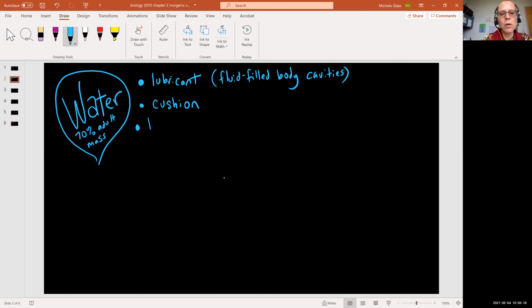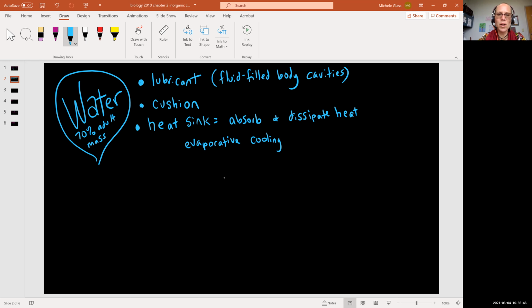We see water important in our joints, which we'll be talking about this semester. We'll see also that water is an important heat sink. What this is talking about is water's ability to absorb and then dissipate heat. This is super important in how we cool our body. We can also talk about sweating as evaporative cooling.